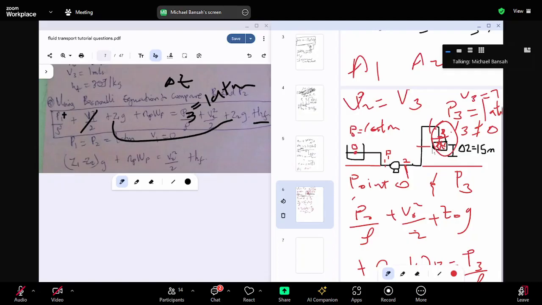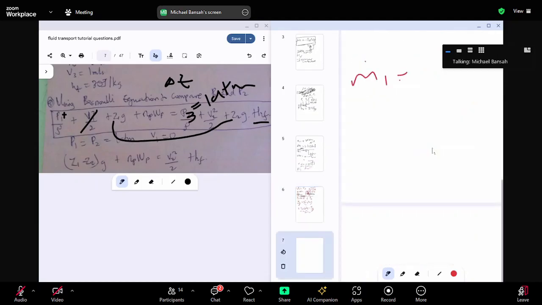So knowing A2, I can just go ahead and find the velocity. Again, note that for mass balance, the amount of fluid that will enter this part will be the same that will come out from here. So I can say the mass flow rate at point 1 is equal to the mass flow rate at point 2.